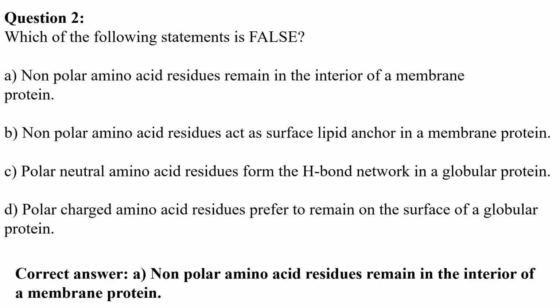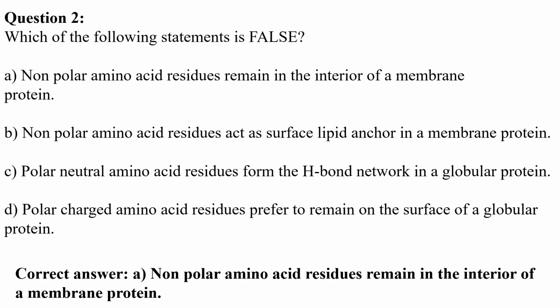Okay, fine. Option C is polar neutral amino acid residues form hydrogen bond network in globular protein. This is also correct, because in a globular protein, on the surface we have polar, hydrophilic amino acids, and they can form a hydrogen bond network with the environment and within themselves also.